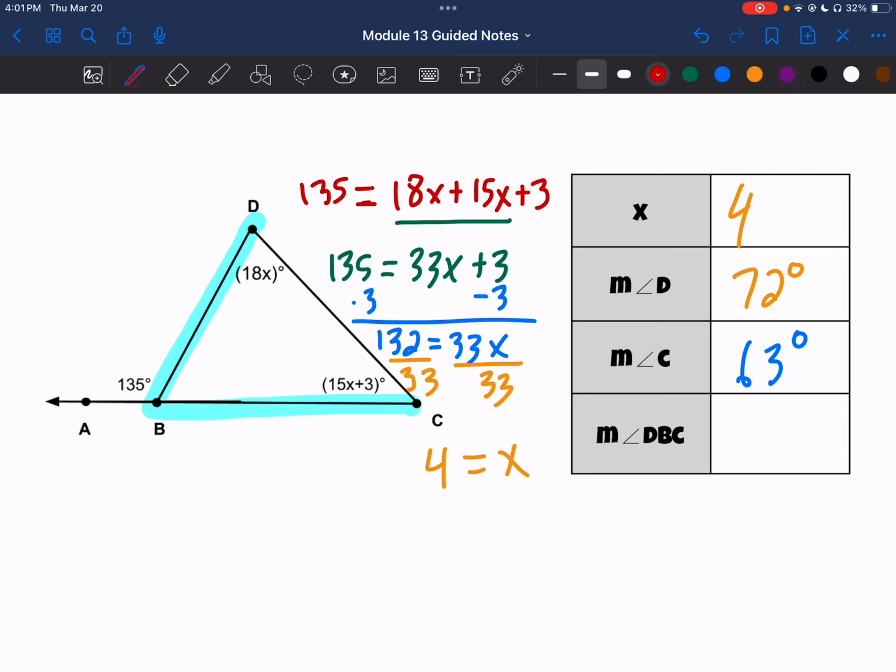Two different ways we could get this. We can use the triangle sum theorem, or we can use the fact that this is a linear pair again, going back to that vocabulary from a couple lessons ago. So a linear pair means they add up to 180. 180 minus 135 is going to get me 45 degrees.